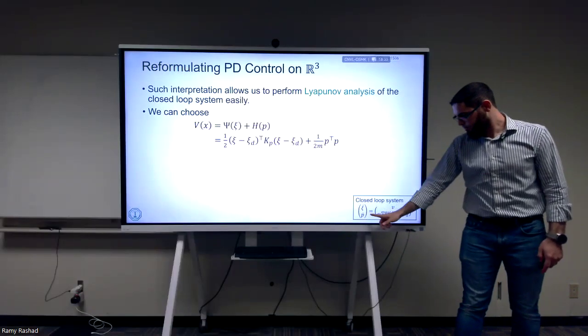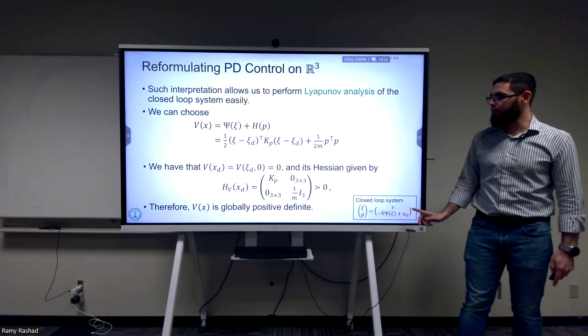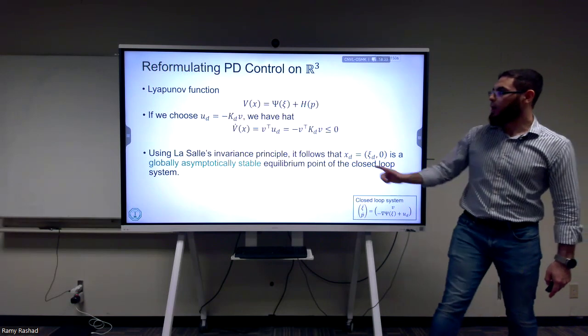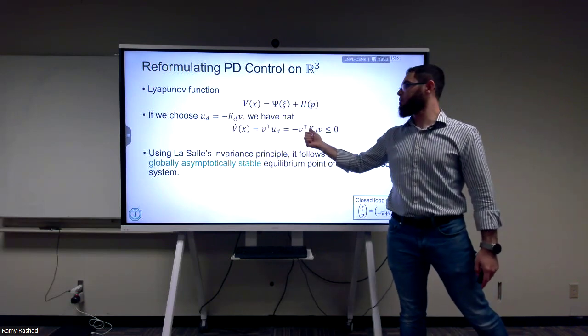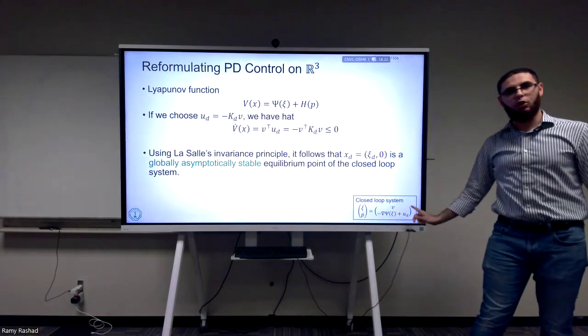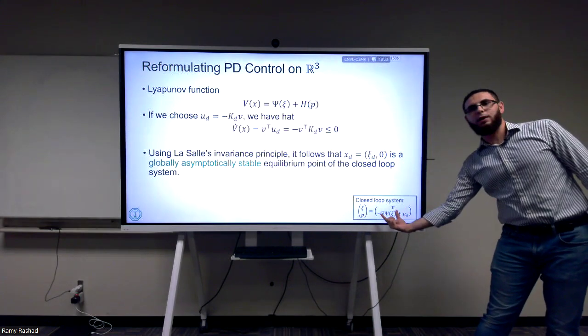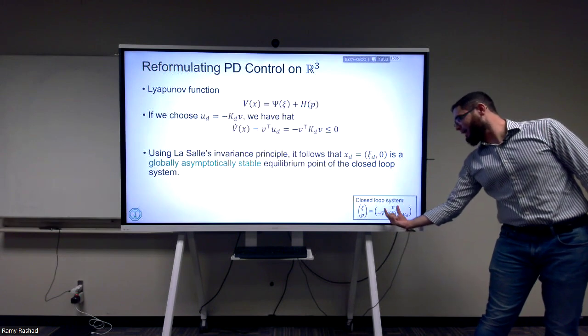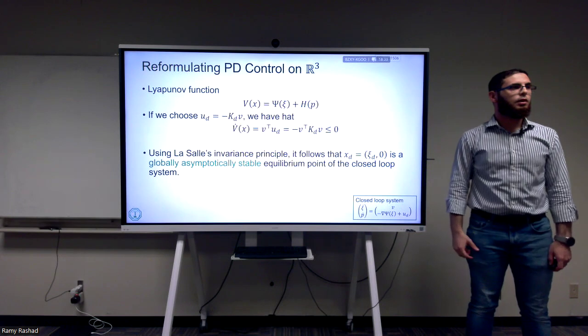first of all, the UD will be cancelled. The UD I've chosen to be minus KD times some function of V, and V is equal to 0, which means this will also disappear. So I'm only left with the values that satisfy the gradient of psi equal to 0.